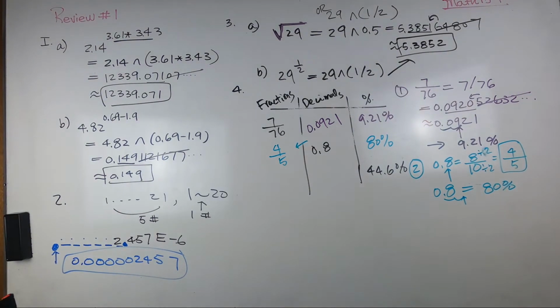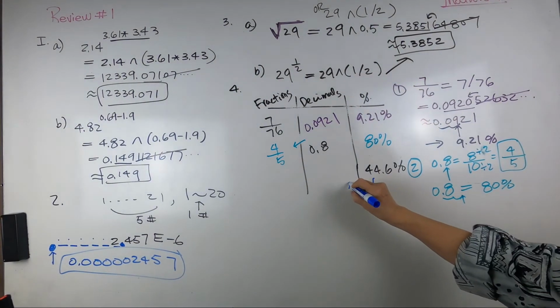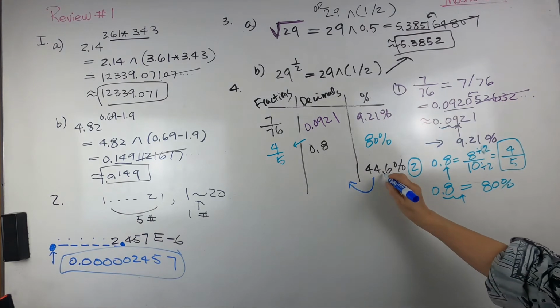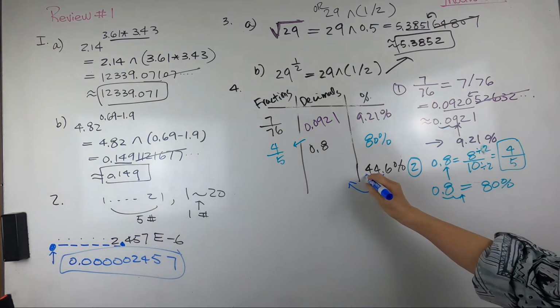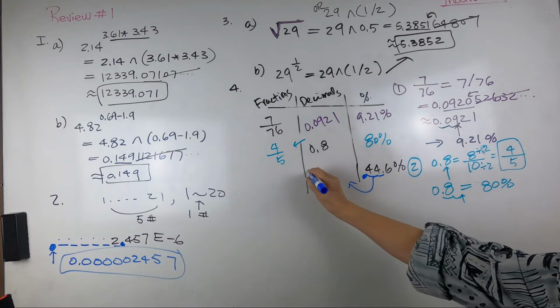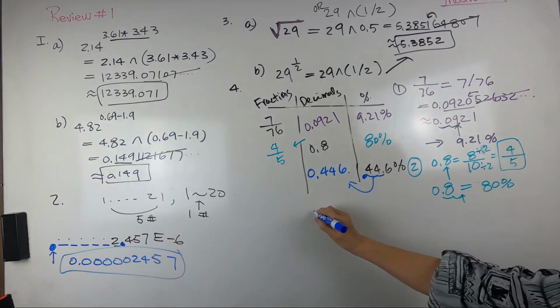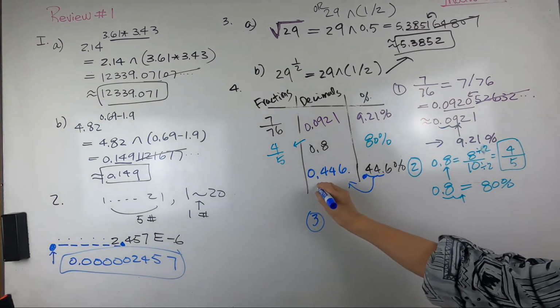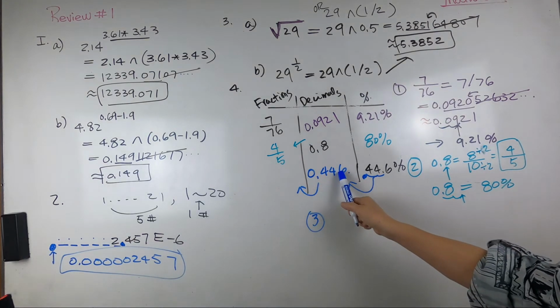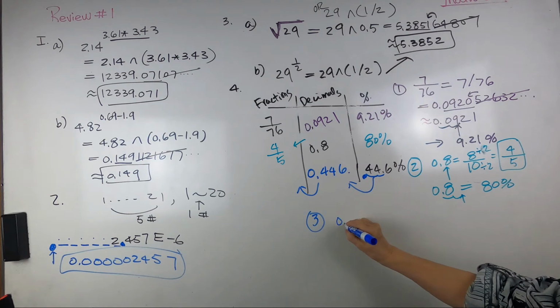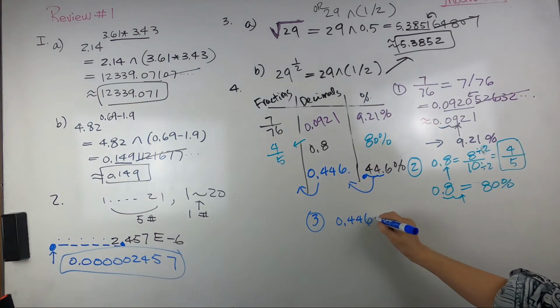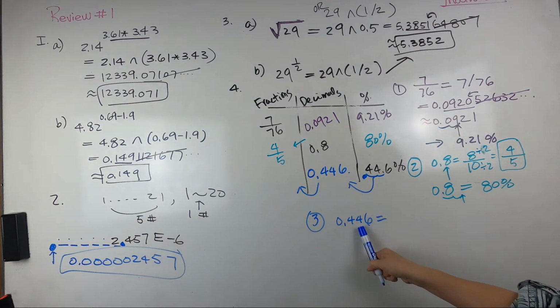Okay. For the last one, you have a percentage and you want to change it to decimals. So you need to move to the left 2 places. So that would be 0.446, right? Then change the decimal to a fraction. What do you do? Tenths, hundredths, thousandths.